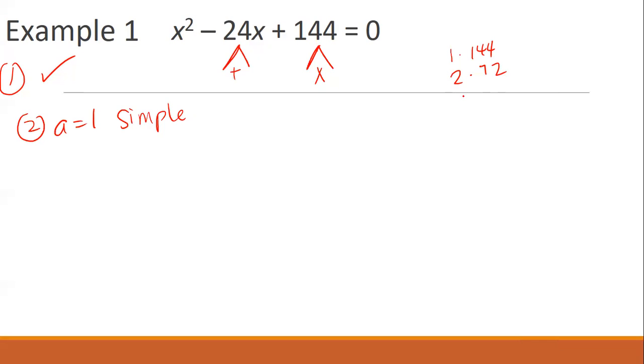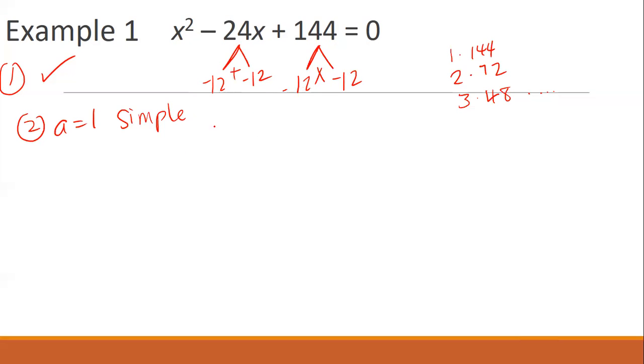We have 3 and 48. It felt right. But you get it, right? Dot, dot, dot. What's the most obvious one? Good job. Most obvious is 12 and 12, negative 12 and negative 12. Why does it have to be negative? Because our 24 is negative, right?